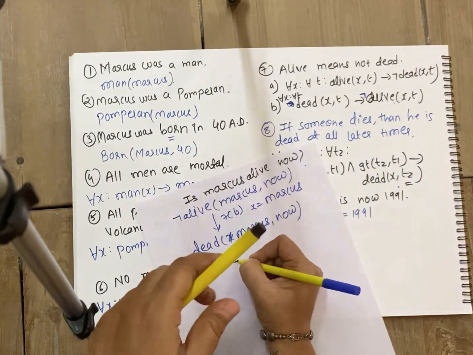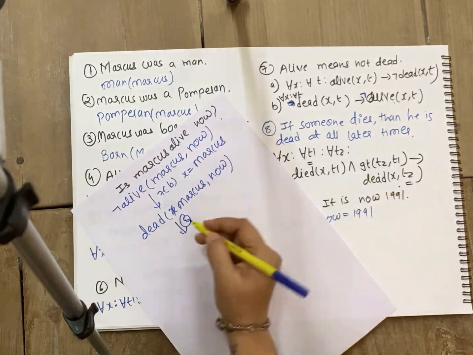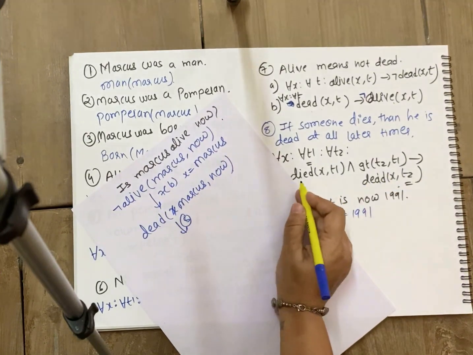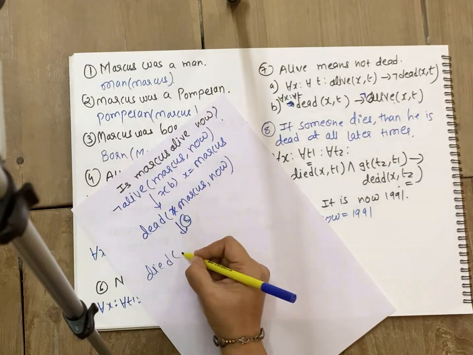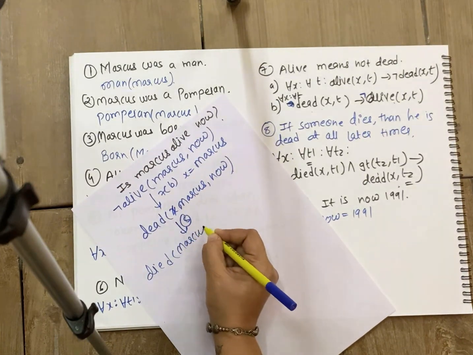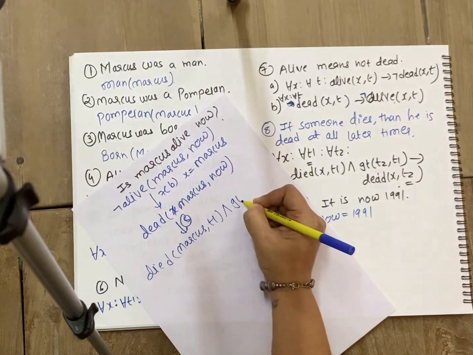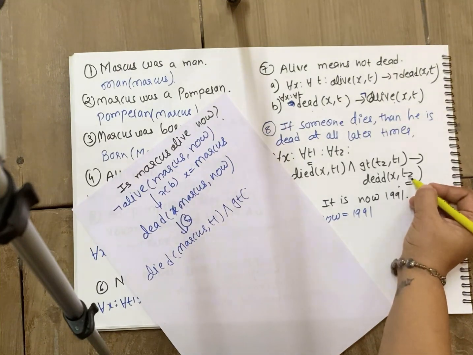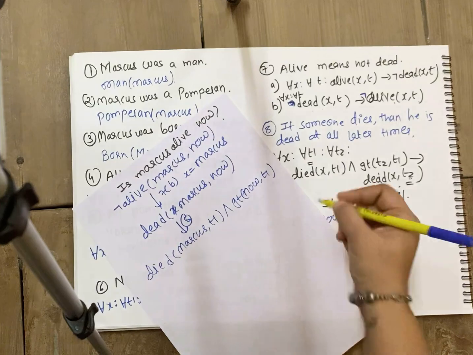If we replace dead X comma T2 by this, then it is replaced by the left hand side. So died Marcus comma T1 and greater than, where T2 is already available, which is now. So now comma T1. Fine.